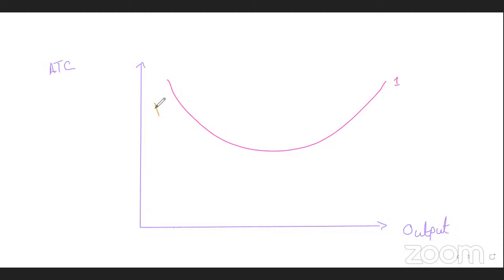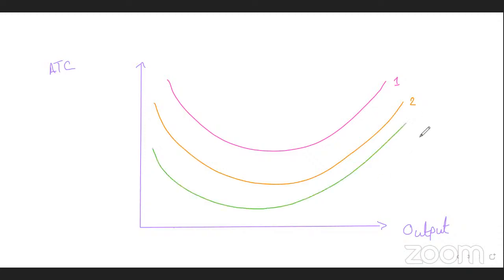Then there might be another ATC lower than this, which is ATC2, and then there might be another ATC of the business, which could be lower than ATC2, which is ATC3, right? Now, if a business is operating on the lowest possible ATC curve, then it is productively efficient, right?